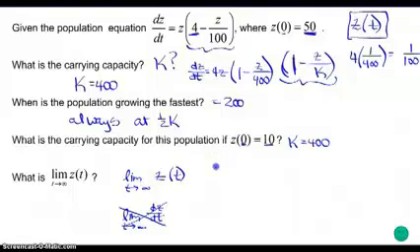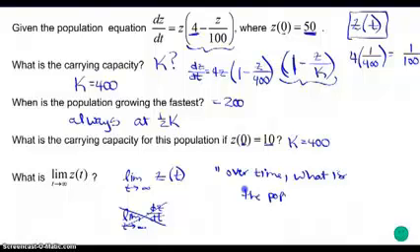So this technically says over time, what is the population? In this context, you might say, listen, as time rocks on, what's happening to the number of individuals in this population?